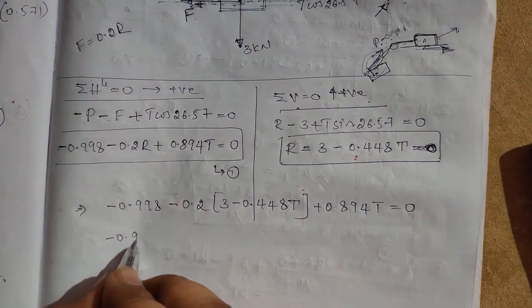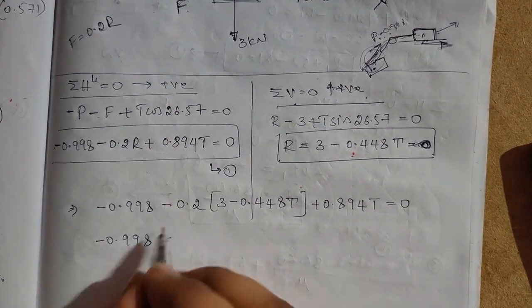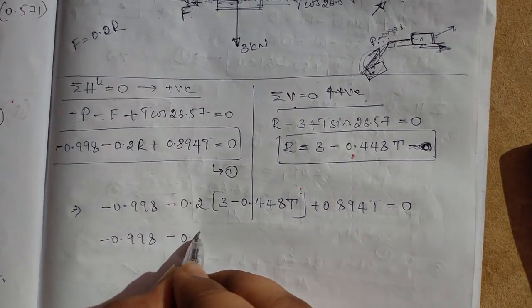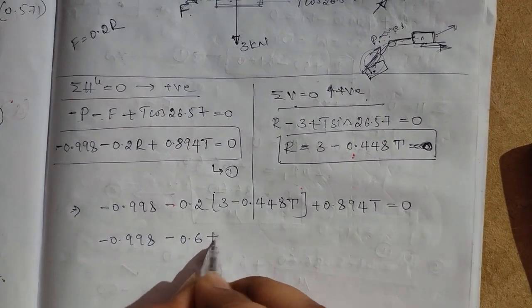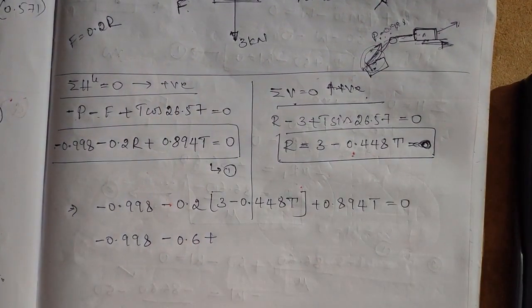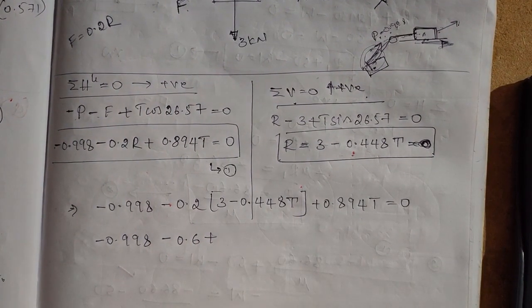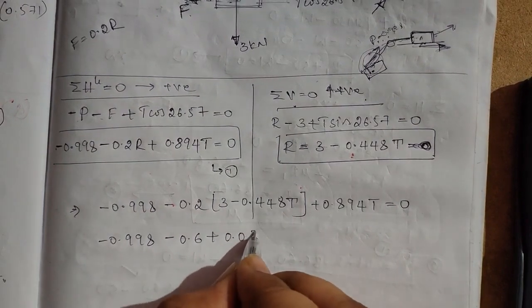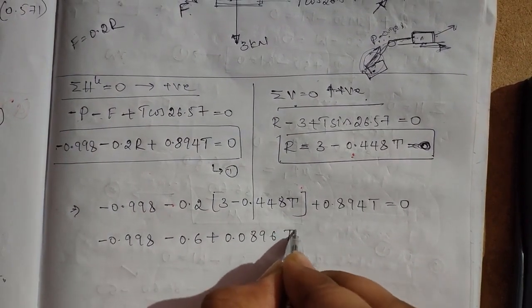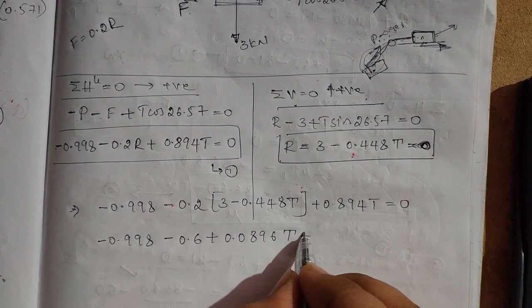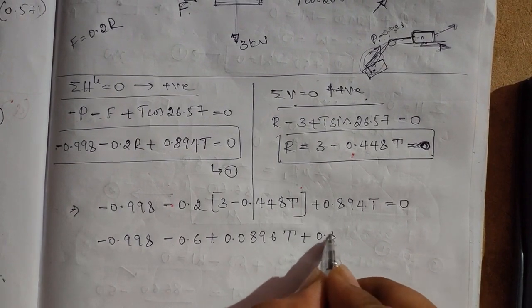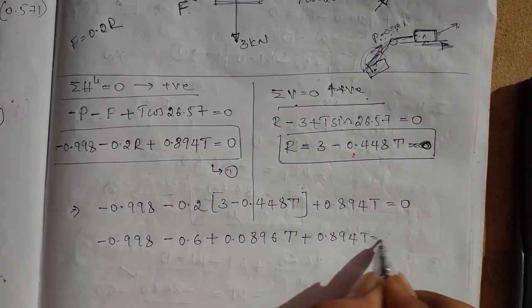Now minus 0.998 minus 0.2 into 3, 0.6, minus into minus plus, so 0.448 into 0.2, it is 0.0896 T, plus 0.894 into T is equal to 0.